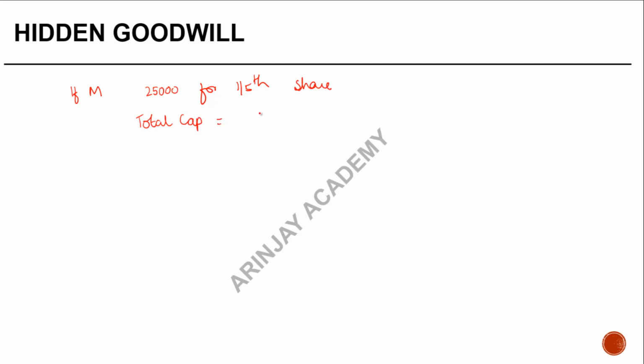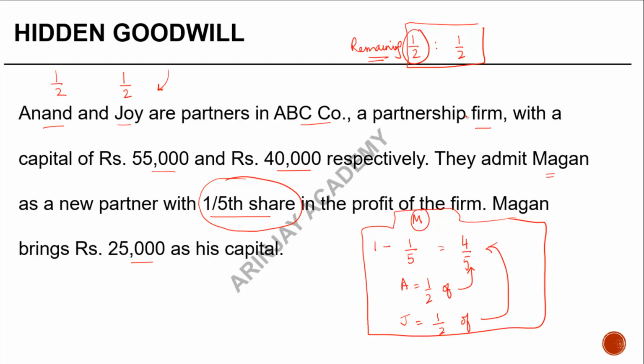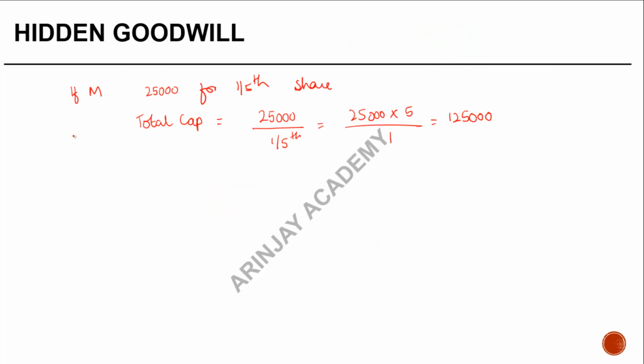It should be equal to 25,000 divided by 1/5, or in other words 25,000 into 5 divided by 1, 1,25,000. But how much is the share capital right now?